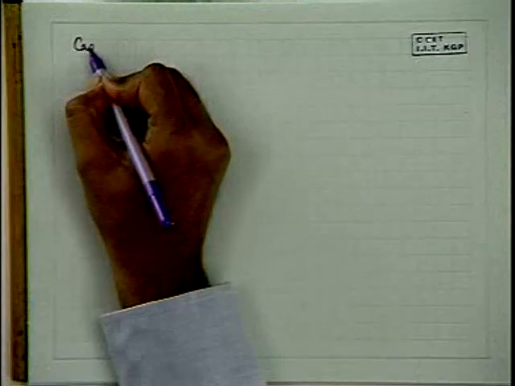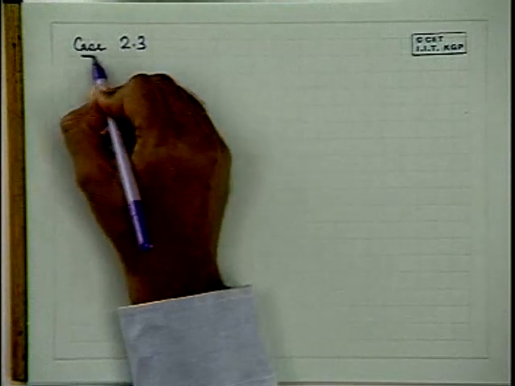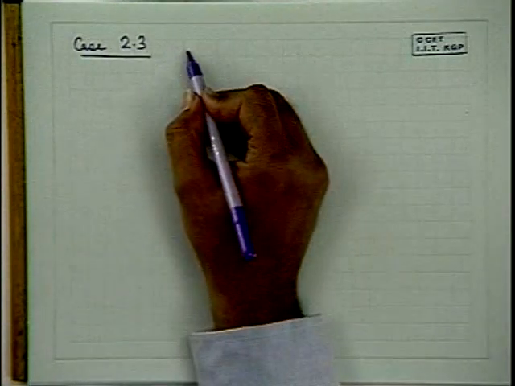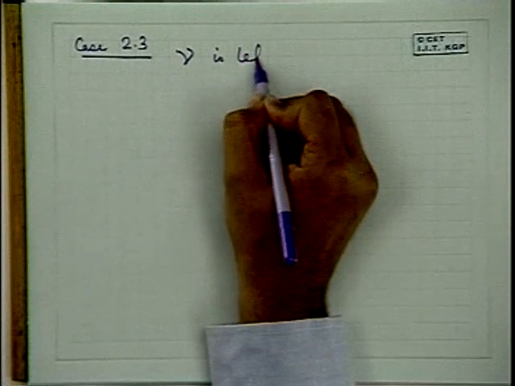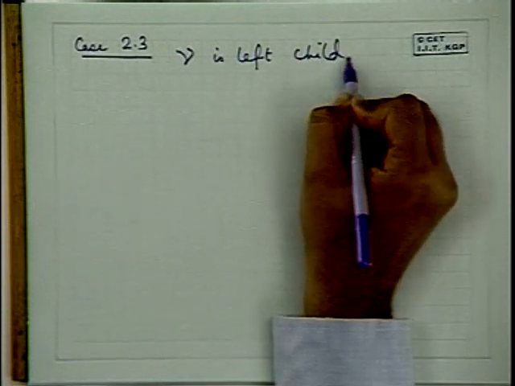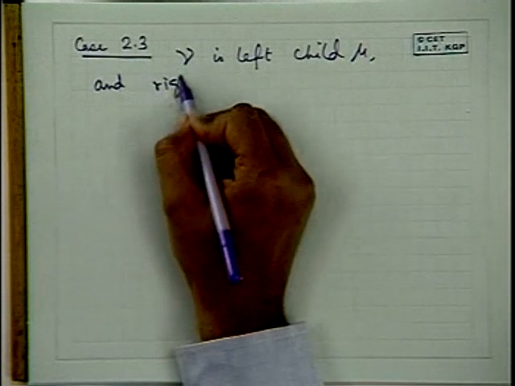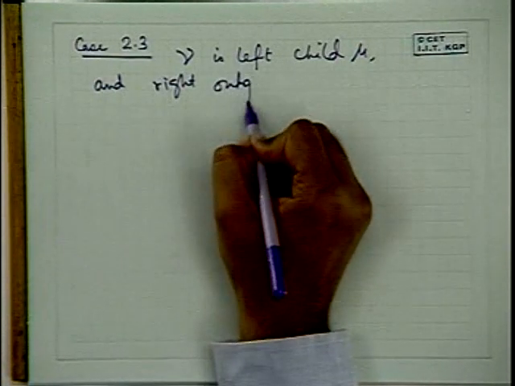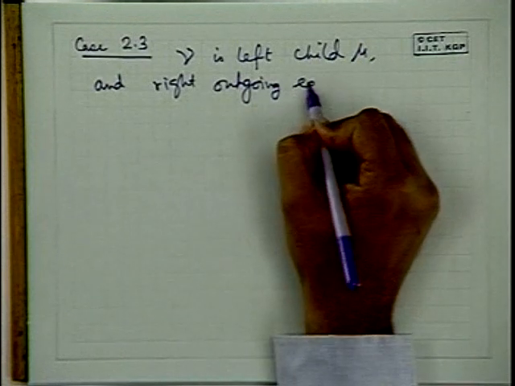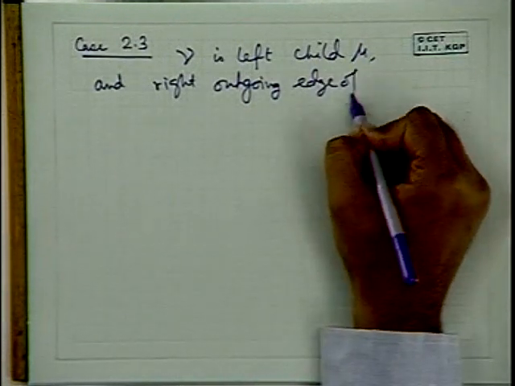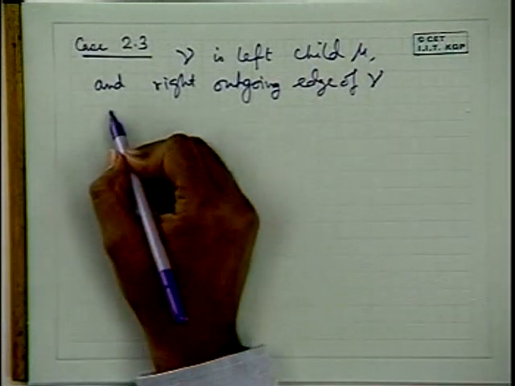Now case 2.3. So case 2.3 is nu is left child of mu and right outgoing edge of nu is red.